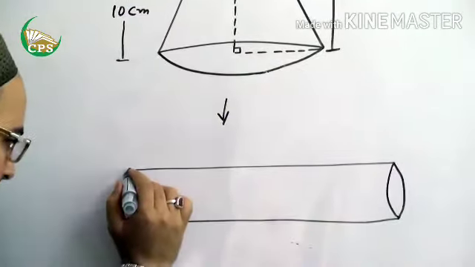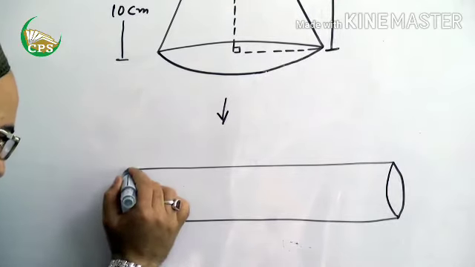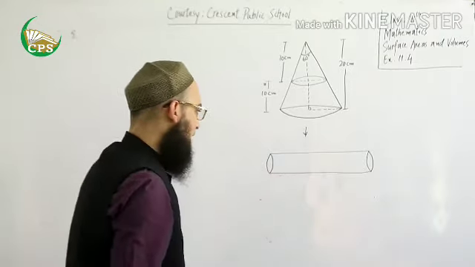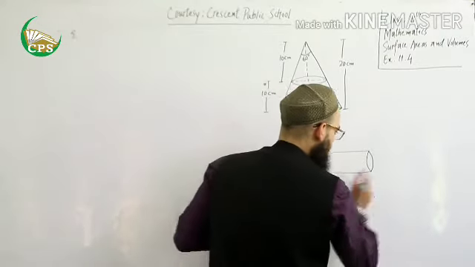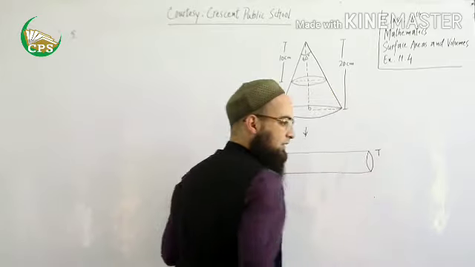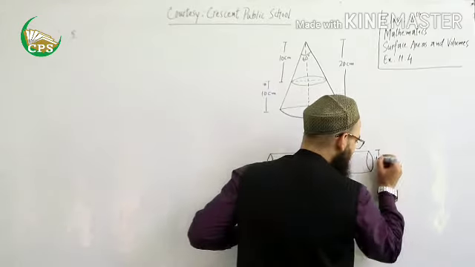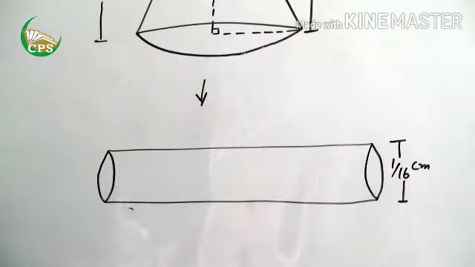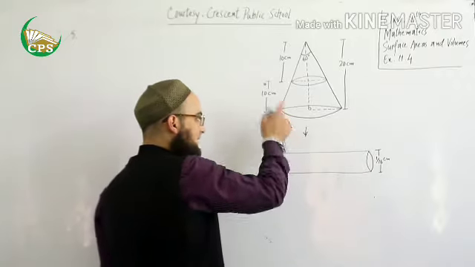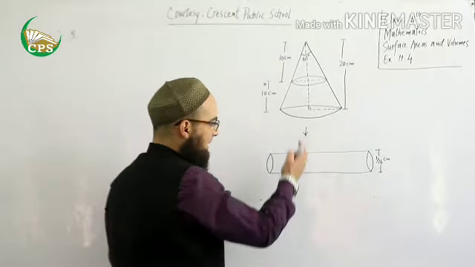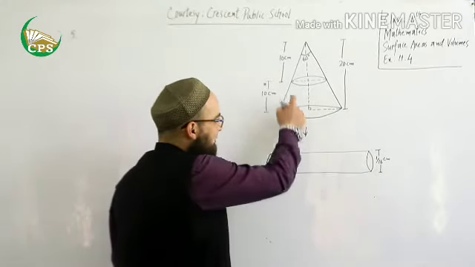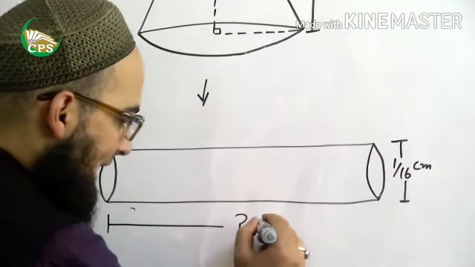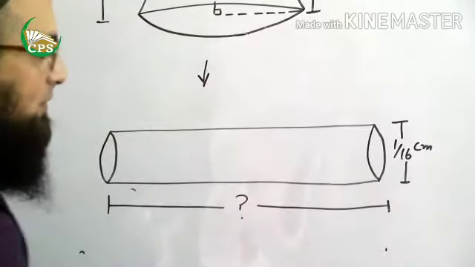The frustum is drawn into a wire of diameter 1 by 16 centimeter. This is the diameter of the wire which is made by drawing this frustum into the wire. Now what you need to do is find the length of this wire.